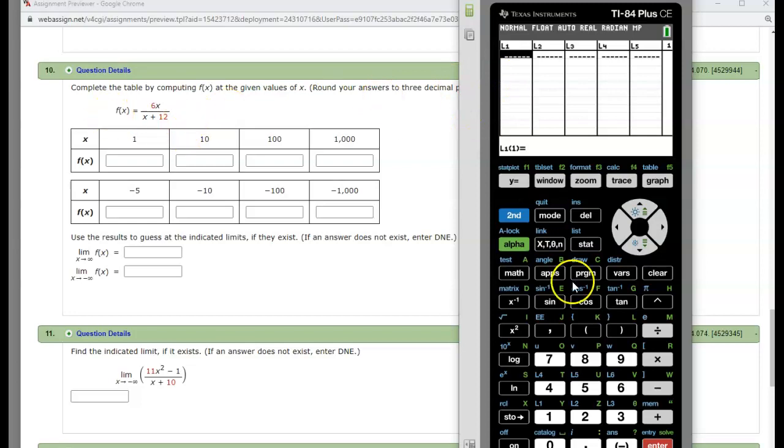So I can put these values in, 1, 10, and of course you could put these in one at a time, 100, 1000, negative 5, negative 10, negative 100, and negative 1000.